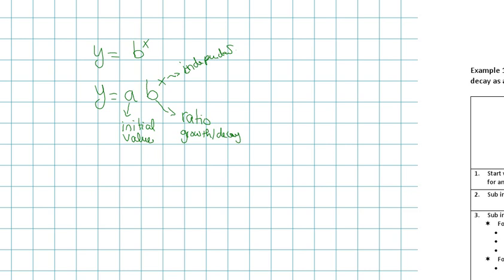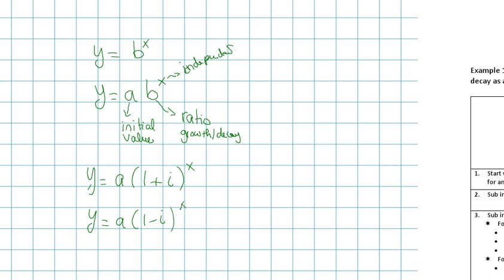There's two formulas that we're going to use in these type of questions. Okay? And the formulas are y equals a(1 plus i) to the power of x, or y equals a(1 minus i) to the power of x.